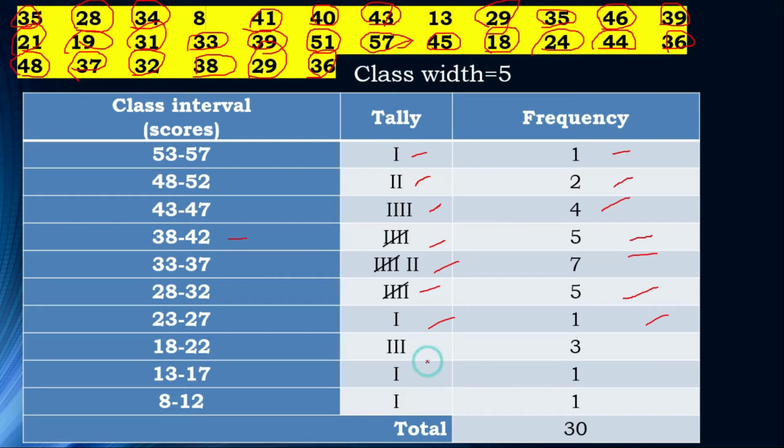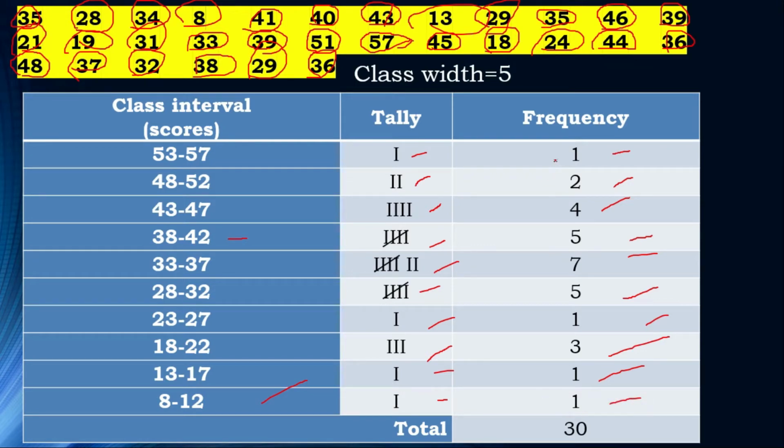So, tama yung nakalagay dito na tally na 3 at 3 din sa ating frequency. Next is 13, 14, 15, 16, 17. So, meron lang tayo ditong 1. Ayan. So, 1 lang yung ating tally at 1 din yung ating frequency. At last one, yung ating class interval na 8 to 12. So, isa na lang yung natitira nating value. So, 1 lang din yung kanyang tally at 1 yung kanyang frequency.